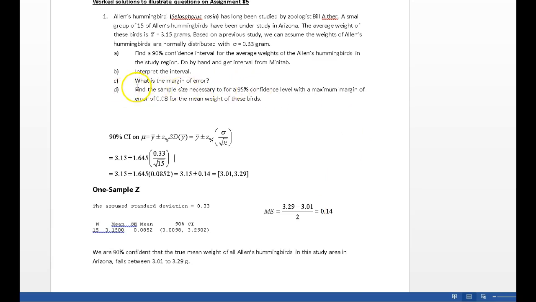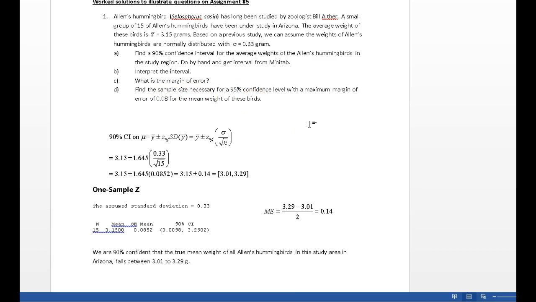Okay, next part of the question: find the sample size necessary for a 95% confidence interval with a maximum margin of error of 0.08 for the mean weight of these birds. What is it we're looking for? We want to know sample size.